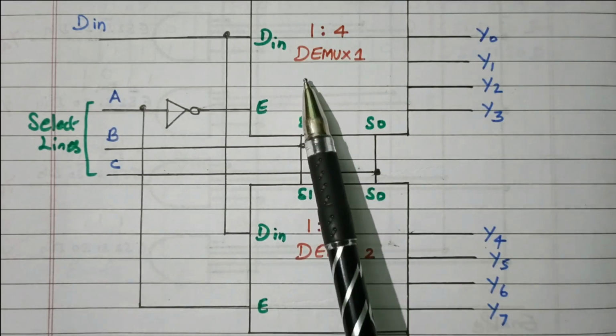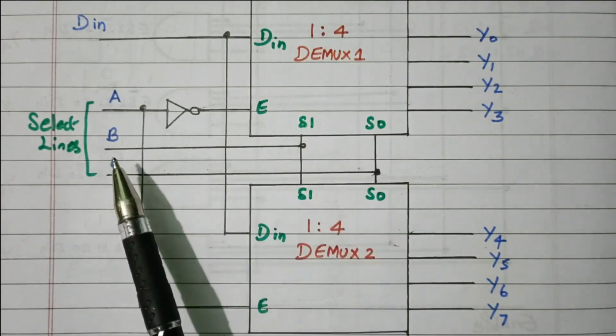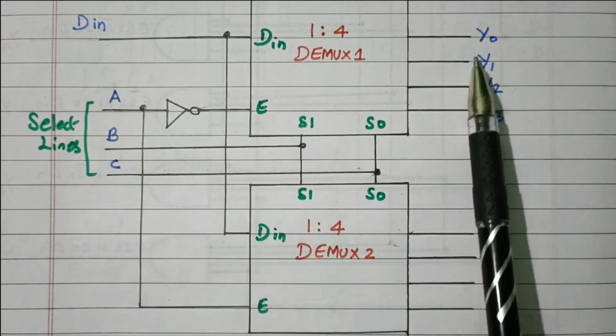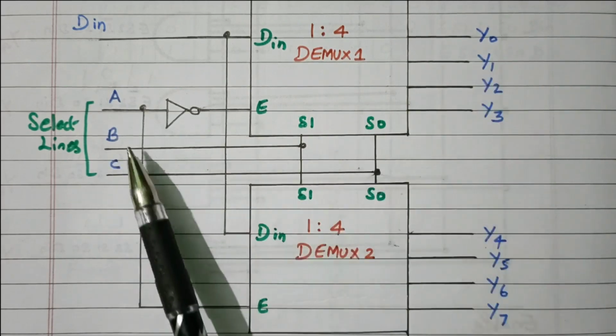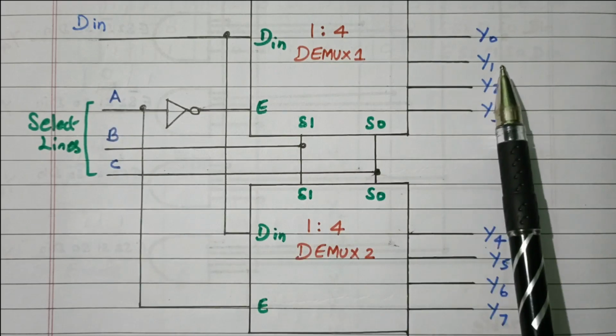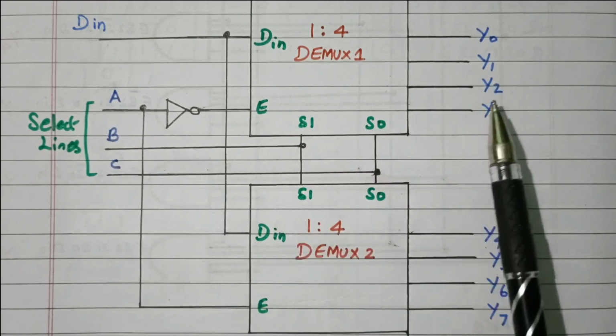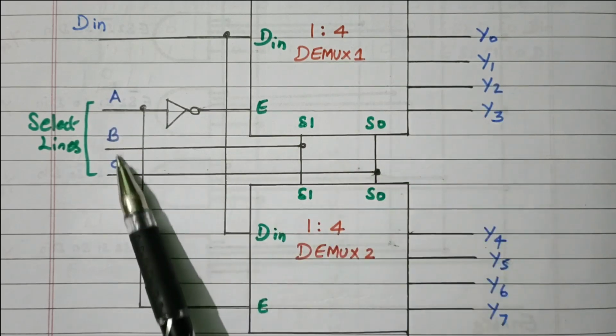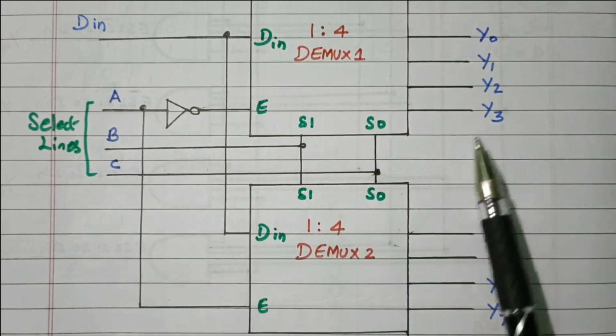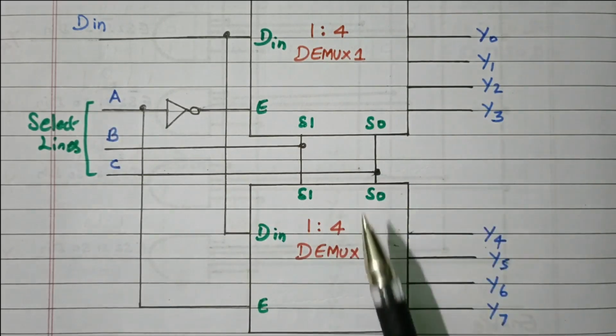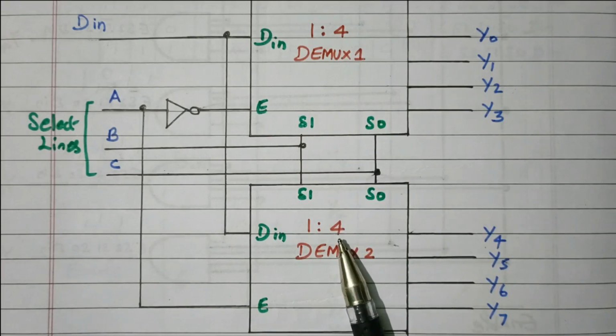So what will happen if demux 1 is enabled? 0 0 means we will get y0 as the output, 0 1 means y1, 1 0 means y2, 1 1 means y3. Similarly here, at a time only one demux will be enabled, another demux will be disabled, right? So based on that we'll go to the truth table. Now we'll see the truth table.